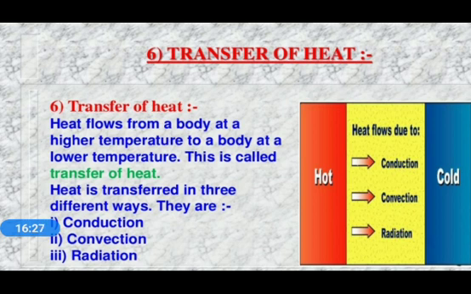So you can say that the red color refers to the high temperature body, and the blue color in this image is considered a lower temperature body. So the heat flows from the hotter to the colder end, and heat can flow by these three methods: conduction, convection, and radiation.